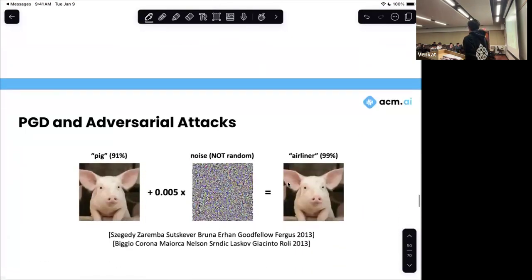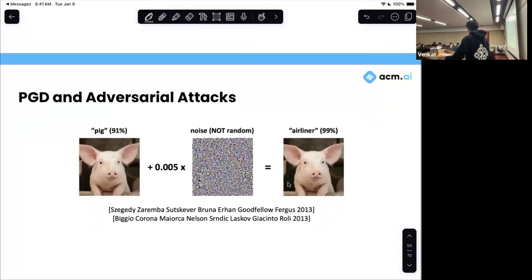Okay, now onto the tangents. How many of you have heard of adversarial attacks against machine learning models? By show of hands. 1, 2. So a few of you. Basically, what an adversarial attack does is I give you an image of a pig, I add some noise to it, and now the ML model thinks this is an airliner with 99% certainty. And this is actually the image with the noise added.